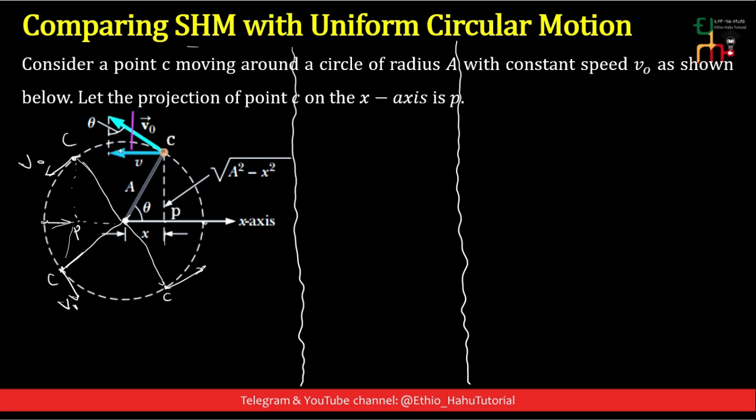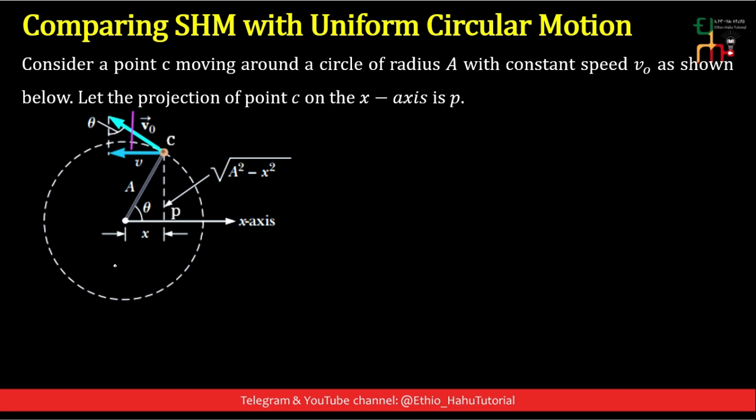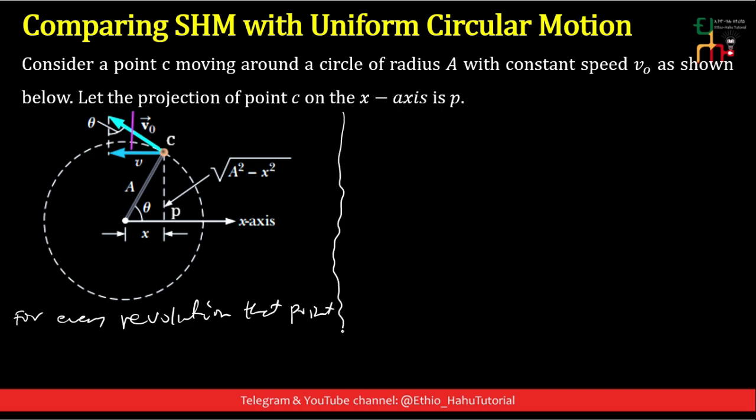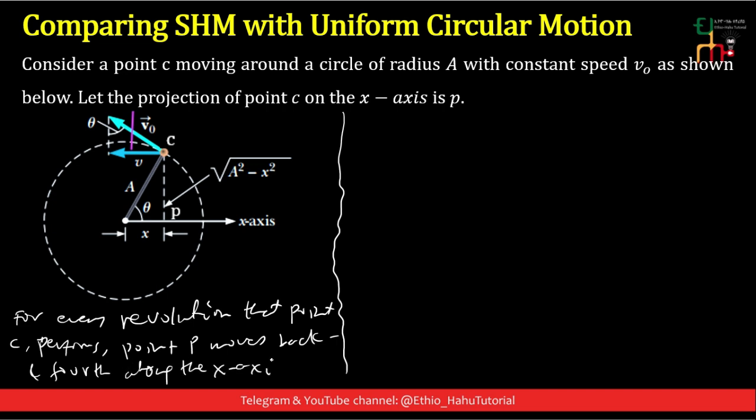Therefore, for every revolution of point C, point P moves back and forth once. The motion of point P is similar to that of the mass spring system. For every revolution that point C performs, point P moves back and forth along the x-axis.